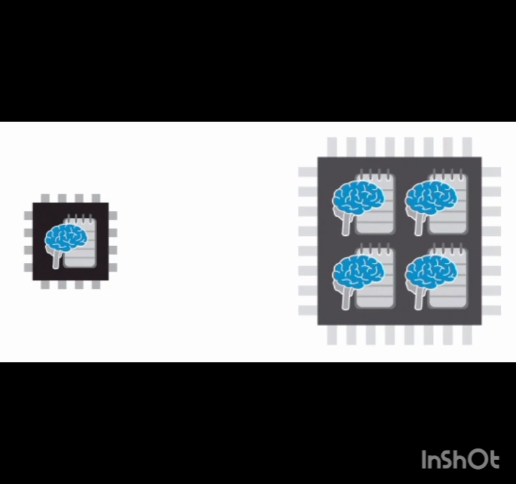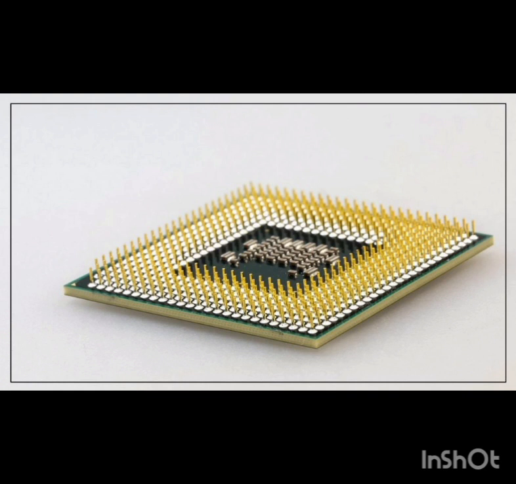Fourth one is the introduction of new instruction sets such as SSE, or streaming SIMD (single instruction multiple data) extensions, and AVX, which is advanced vector extensions. Fifth one is the introduction of integrated GPUs, or graphics processing units, on the CPU die.